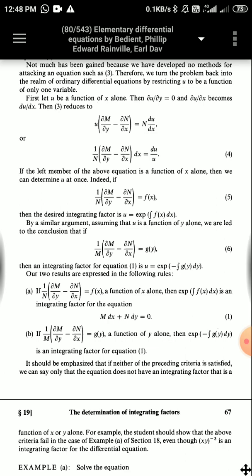So our two results are expressed in the following rules.